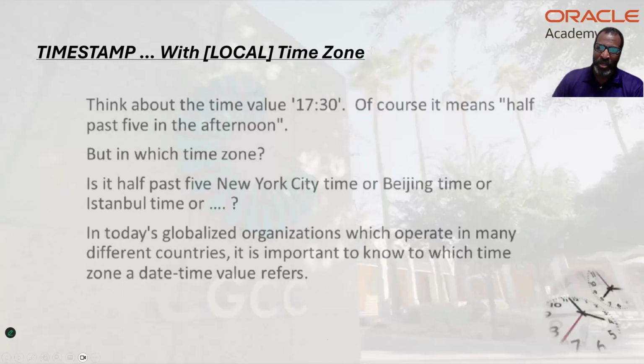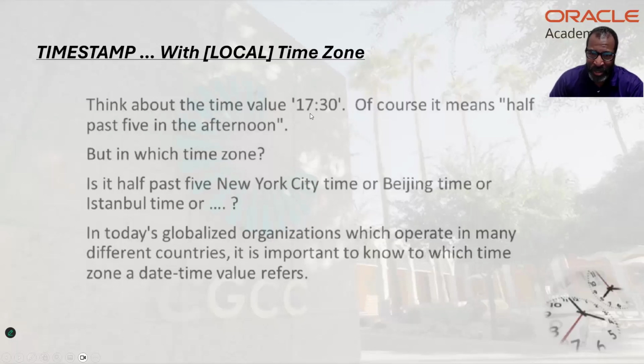And so you're probably wondering, if we go through this, local time or daylight saving time, the 24-hour clock or the 12-hour clock. So think about the time value. Of course, this means basically 5:30 in the afternoon. Those of us that have been in the military are very used to that.